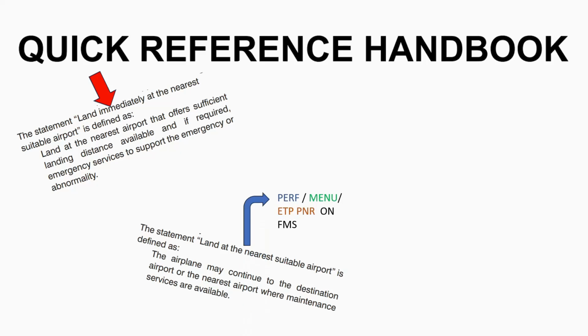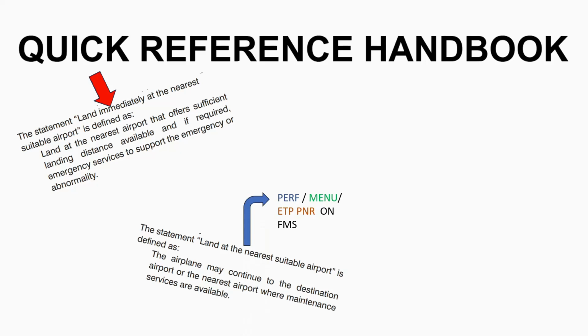Then you go to the menu. Then there is an ETP PNR, equi-time point and point of no return on the FMS. And there you enter the airports in the vicinity, including your departure, destination, and maybe another 2 alternates. If I recall, there are 4 fields that you enter. 2 of them definitely will be departure, destination, and the other 2 can be some nearby airports.